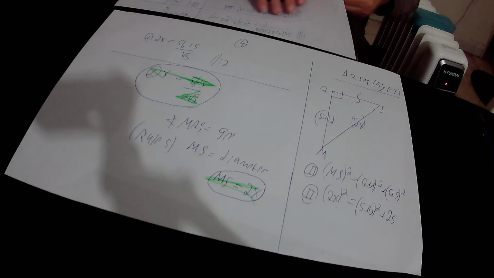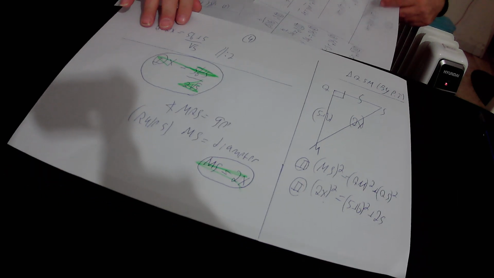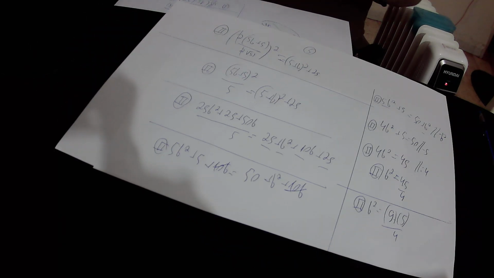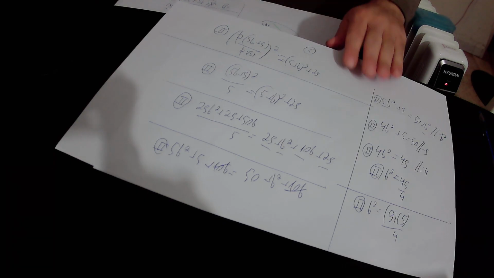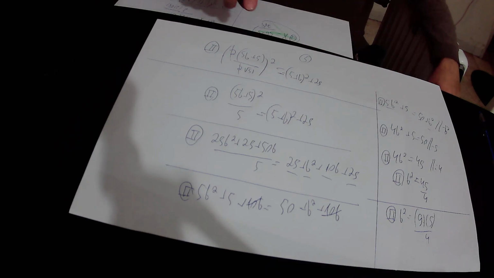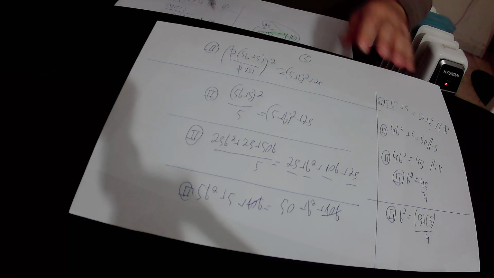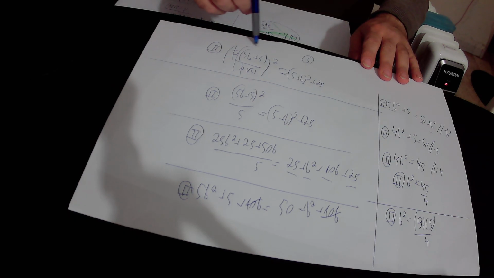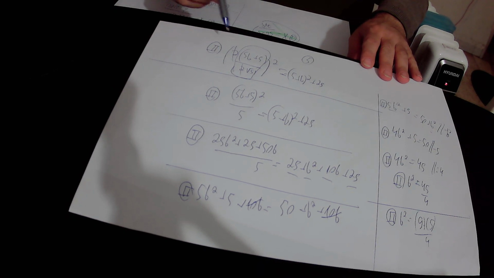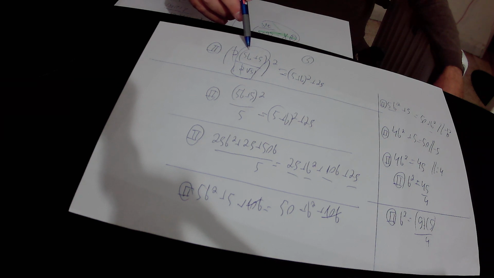And we found out that according to equation number 2, two times x squared. So this is the value of x according to equation number 1. So we substitute x by this expression.